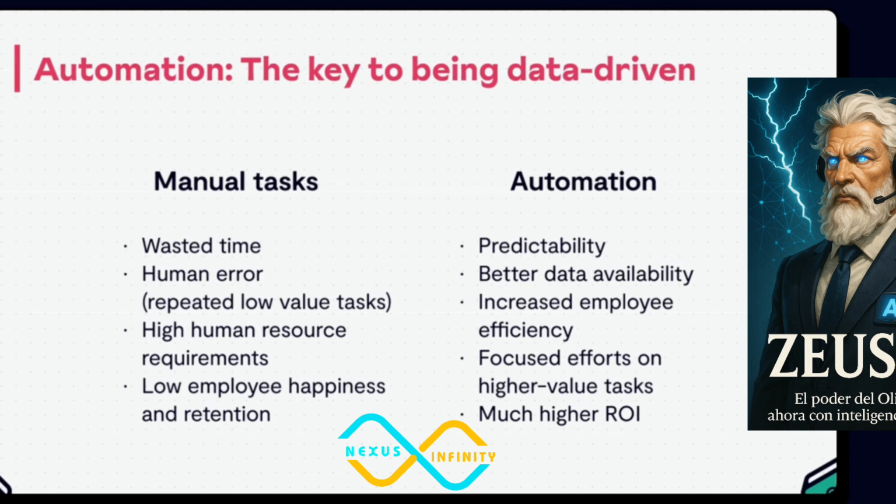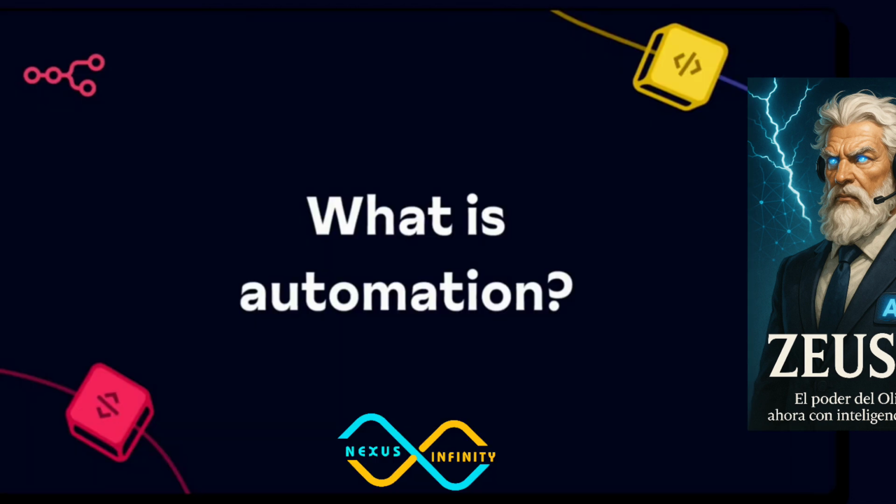However, when we start to integrate automation, we gain much more predictability and data availability, increased employee efficiency because each employee can now focus their efforts on much higher value tasks. This leads to higher ROI and lower needs for human resources.